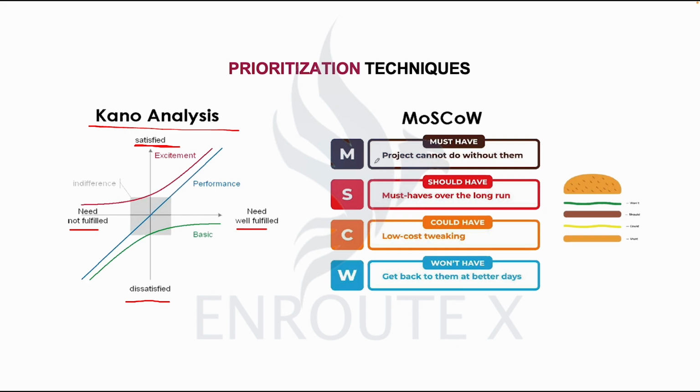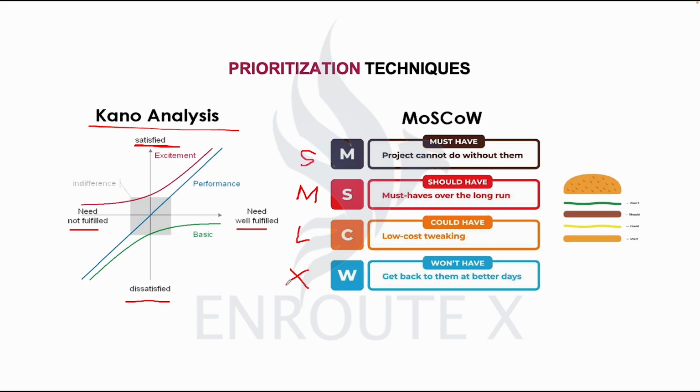So under MoSCoW, the must haves are always kept on the short term. The should haves are kept on the medium term. The could haves are kept on the long term. And the won't haves are kept obviously on the no term, N-O term.